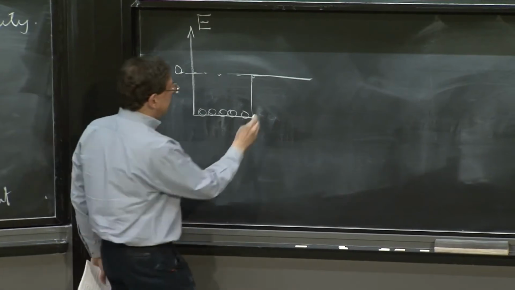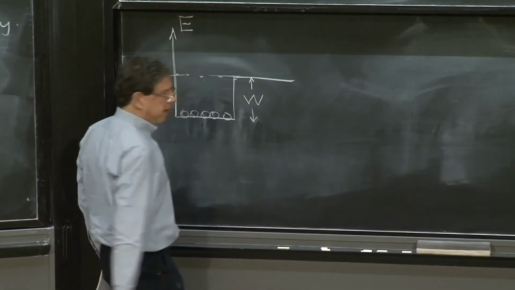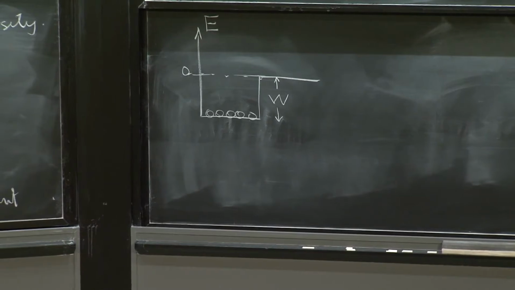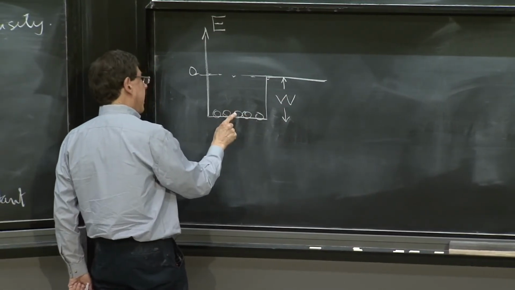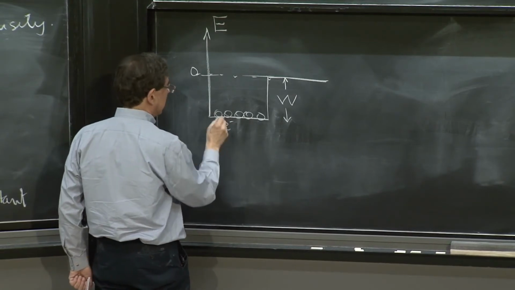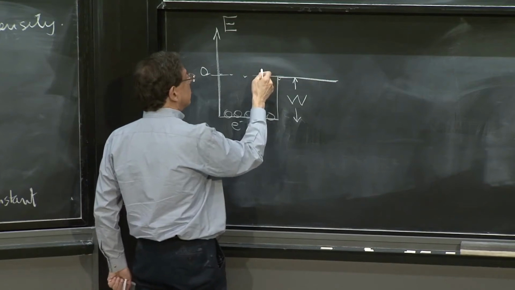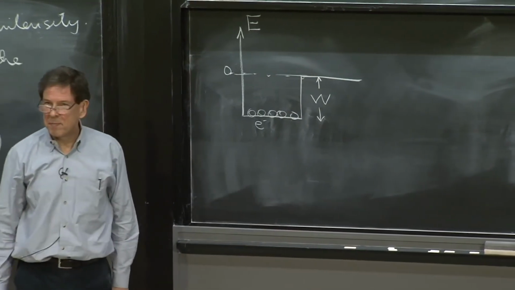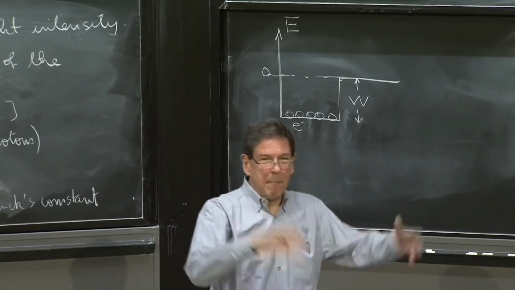And you need some amount of energy, W, which is called the work function, that depends on the type of metal you have. And if you could supply that energy W to any one of these electrons that are bound in this metal, they would come out and not be attracted anymore and would be able to fly free.